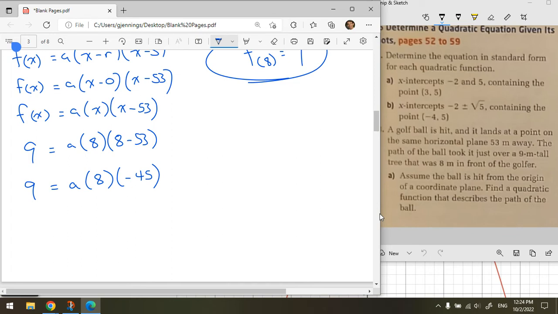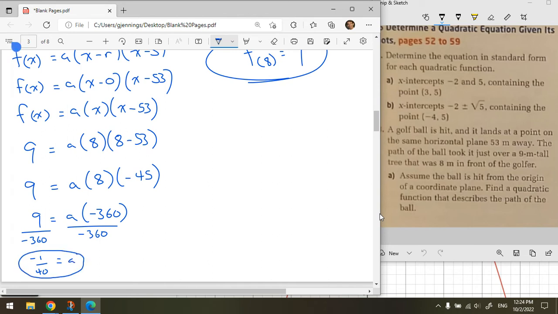I think it's -360. Yeah, it sure is -360. 9 equals a times -360. Or you could write -360a, divide both sides by -360. And that will give you 1 over 40, but it's negative, is equal to a.